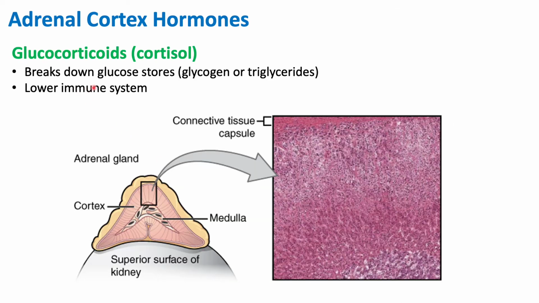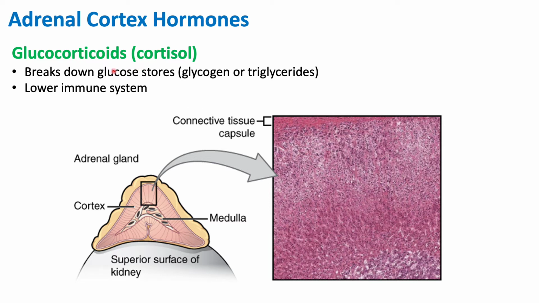So starting off with glucocorticoids, for example, cortisol. Glucocorticoids, it's in the name, are responsible for breaking down our glucose stores. So remember that our glucose stores can actually be found within our liver as glycogen, or within our muscles as glycogen, or within our adipose tissue as triglycerides.